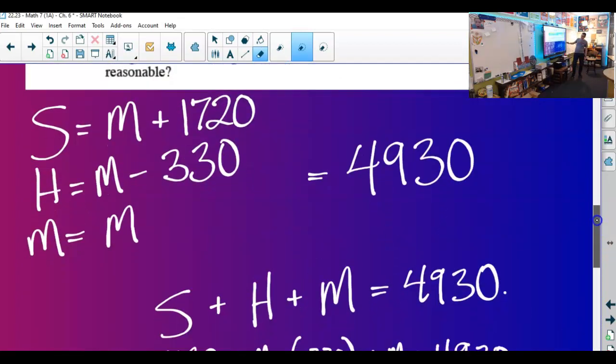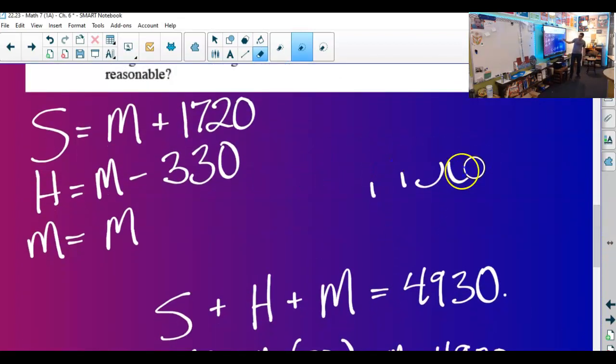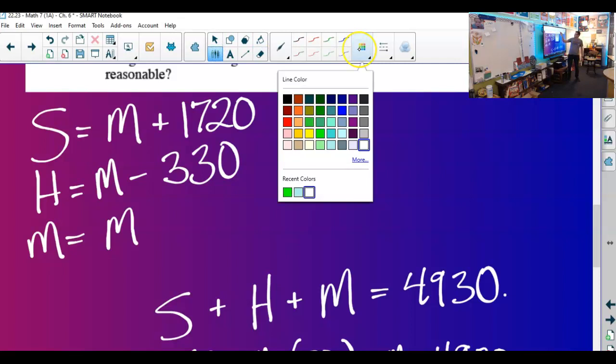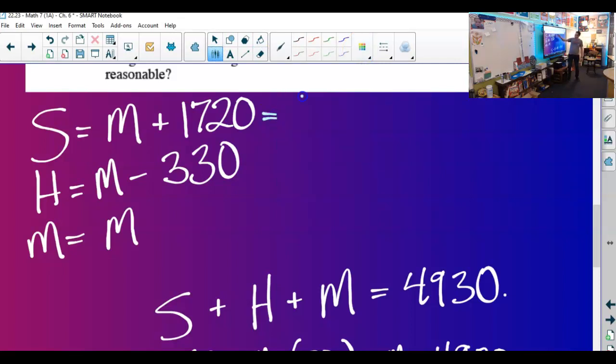If M is 1,180, can I figure out Superior now? Yeah, plug it in. I'm going to use a different color just because we're doing something a little different now. So instead of M, we're going to use 1,180 plus the 1,720. Guys, Superior's huge.